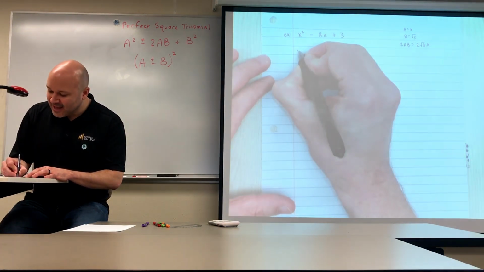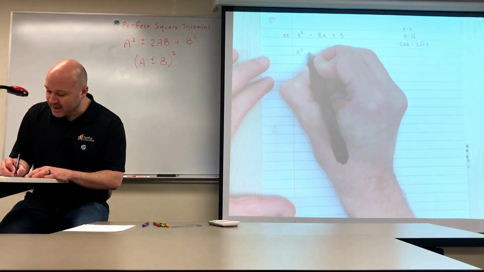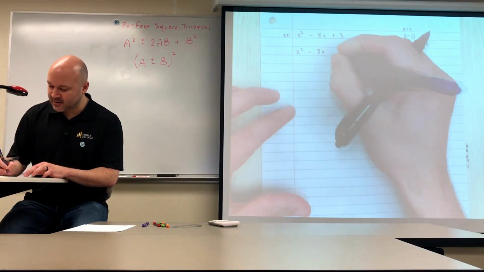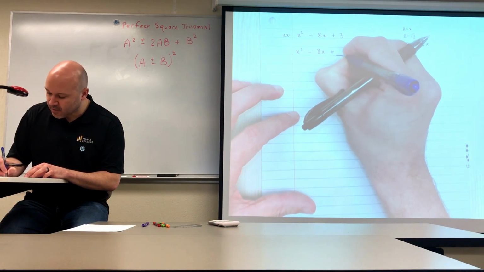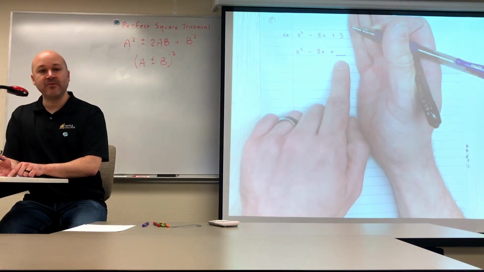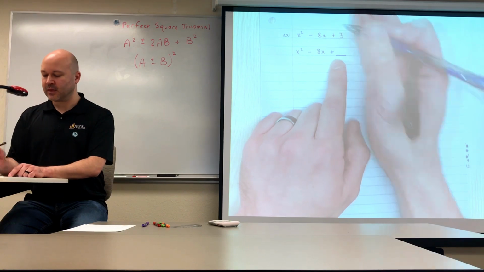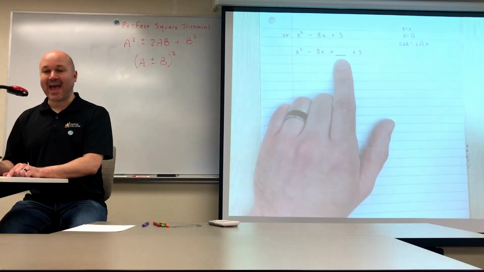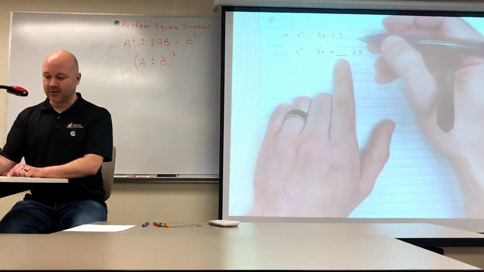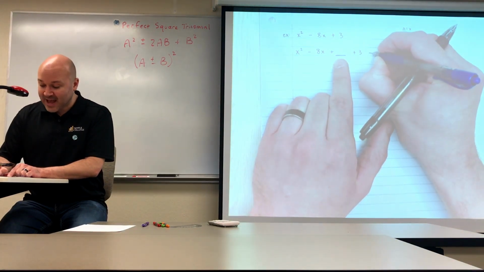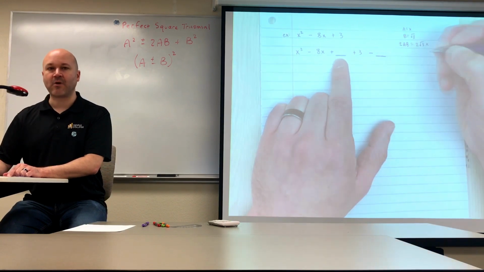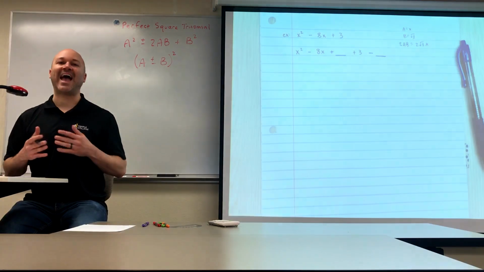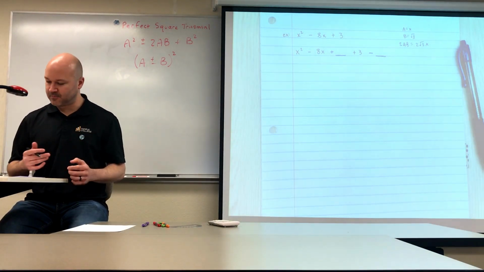I have the quadratic term minus the linear term, and then I'm going to add the number that makes this a perfect square trinomial. Now I still have a plus 3, and if I just add a random number, that changes the value. So what I would need to do is subtract that same number right back off. If I add 5 and then subtract 5, that's just adding 0. I'm not changing the value.